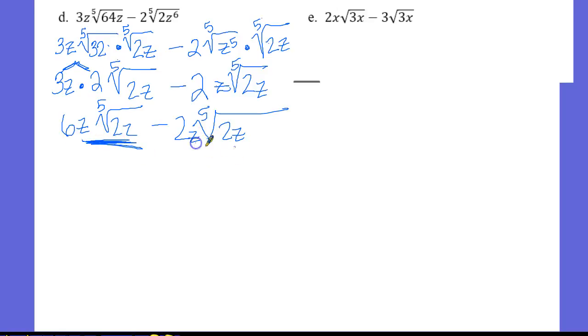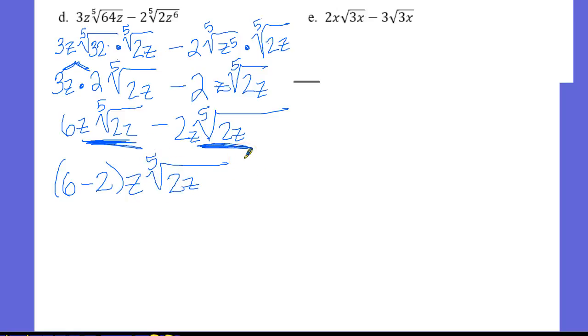Definitely like radicals. After the coefficient, they match exactly. So we would factor out a what? Do you guys know what I'm saying when I'm saying factor it out?